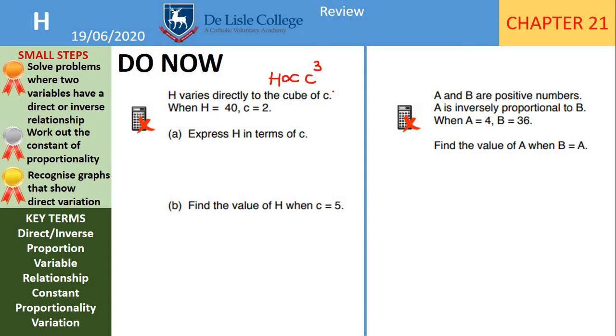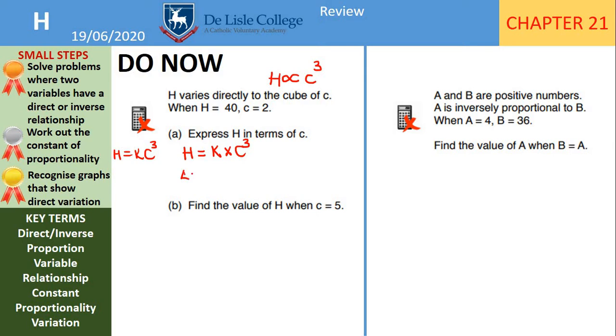So here's our relationship here, and from that we know that that would give us the formula h equals k, which remember is a constant of proportionality, multiplied by c cubed. So we get h equals k c cubed. Then we use the information we're given to input into here to work out k, so that then we will get our formula to be able to express h in terms of c.